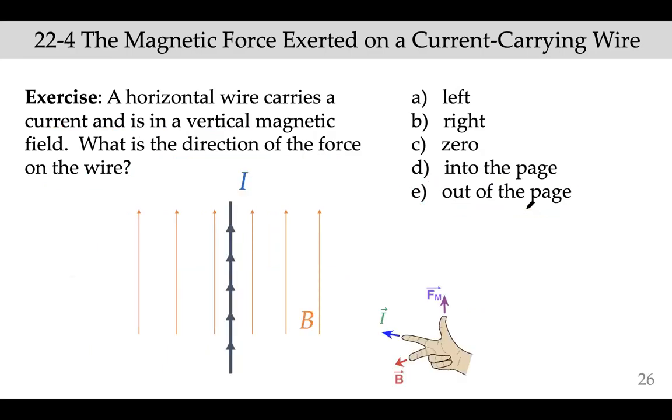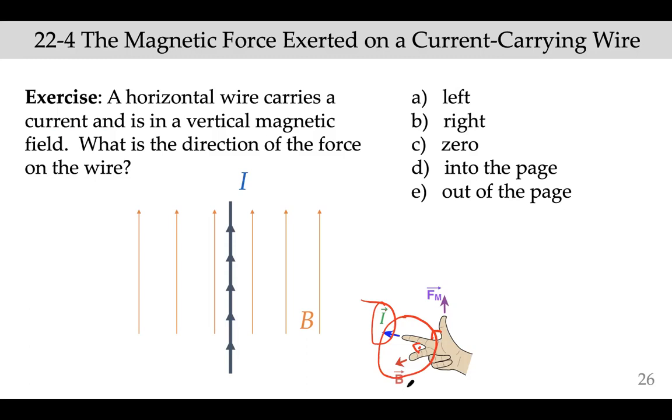Okay, what about this situation? Now in this case, B and I, so your index finger is in the up direction. Now you have to keep 90 degrees between these fingers all the time, okay? How can you have your index finger and your middle finger, which here are magnetic field and current, point in the up direction and also keep 90 degrees in between?